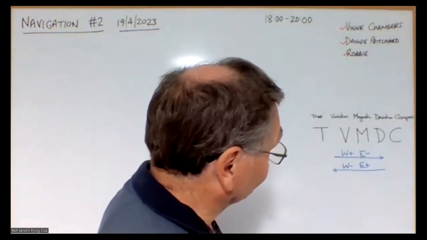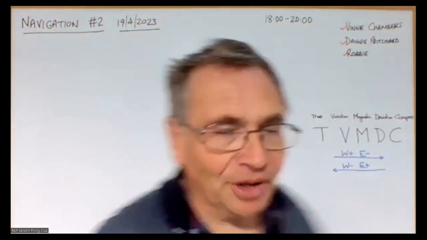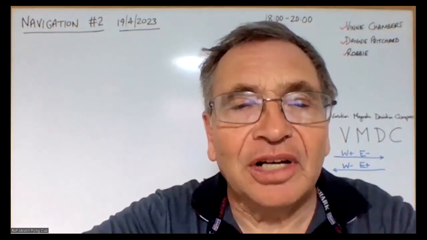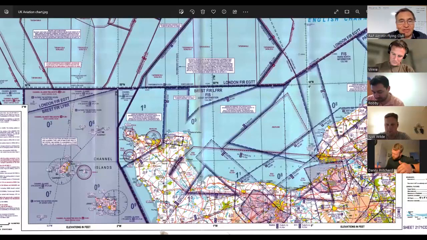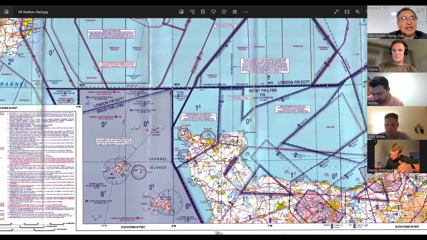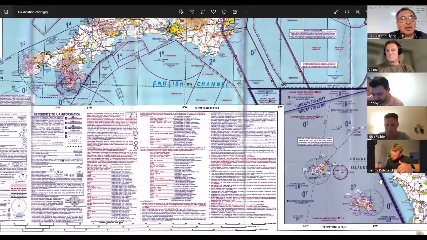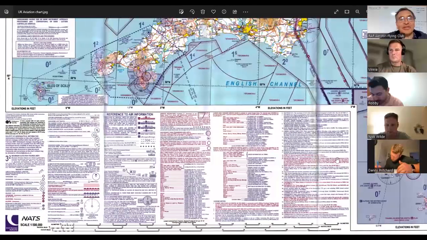So how does that, what relevance is that? Okay, let's go back to our map of the UK, shall we? So over here, we've got an isogonal here, 1.5 degrees west.